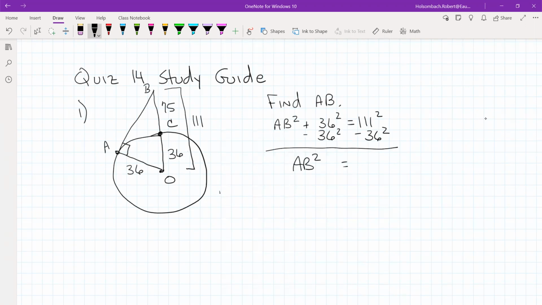AB squared is going to be equal to 11,025. And then we're going to find the square root of each side. So AB will be equal to 105.